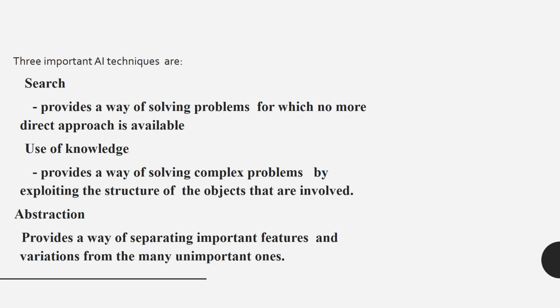Use of knowledge provides a way of solving complex problems by exploiting the structure of the objects that are involved. Abstraction provides a way of separating important features and variations from many unimportant ones. When we see some AI problems, we can study these AI techniques in detail.